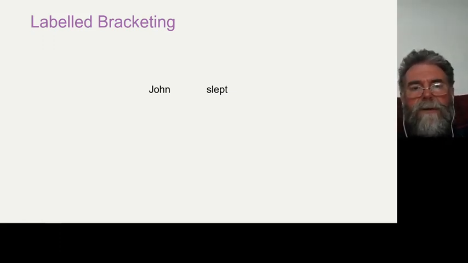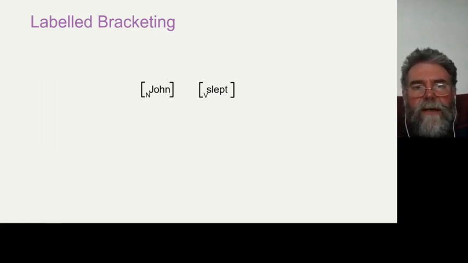One way is to use what we call labelled bracketings. What that means is we just simply put brackets around the elements, and we label the first of the brackets to show what the thing is. So, for example, John, we know, is a noun, and we can represent that by putting brackets around that with N on the first bracket. Similarly, slept is a verb, so we can put brackets around that.